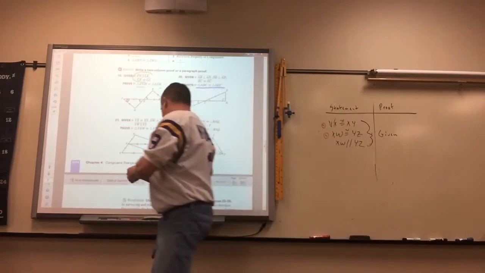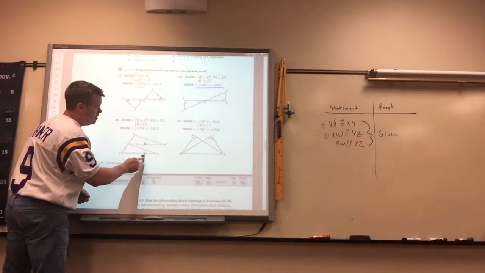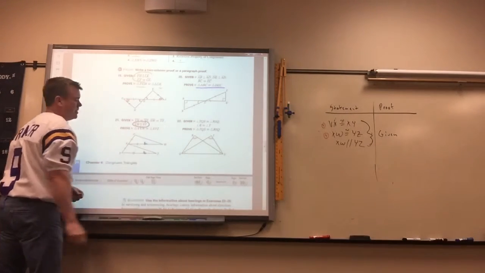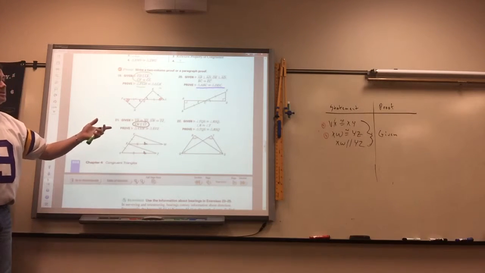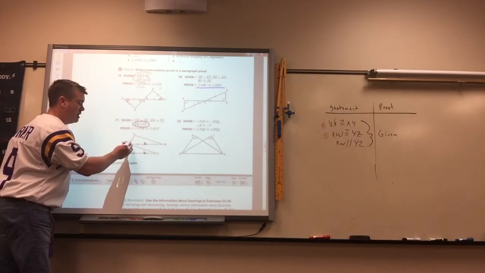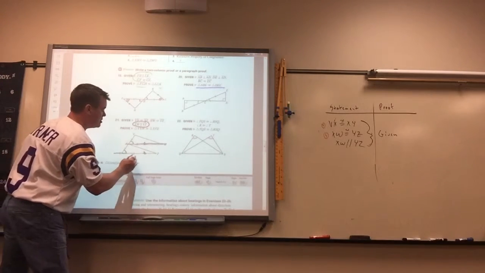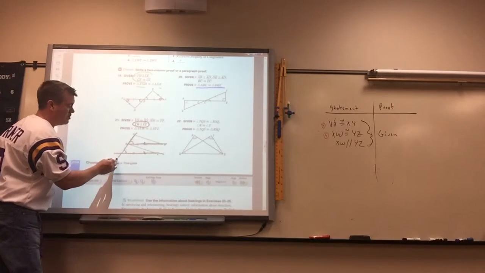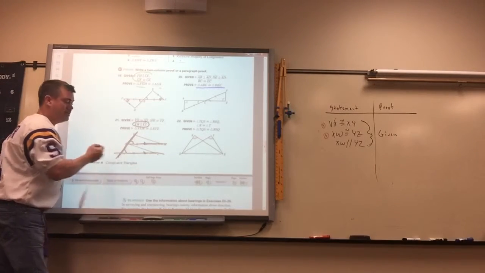Since these 2 are parallel, that's given to us right there. Whenever you see parallel lines, some angles are going to be equal. Usually on these, it's going to be alternate interior. In this case, they're corresponding, because this is the parallel line, and this is the parallel line, and this would be called the transversal. So these are corresponding.